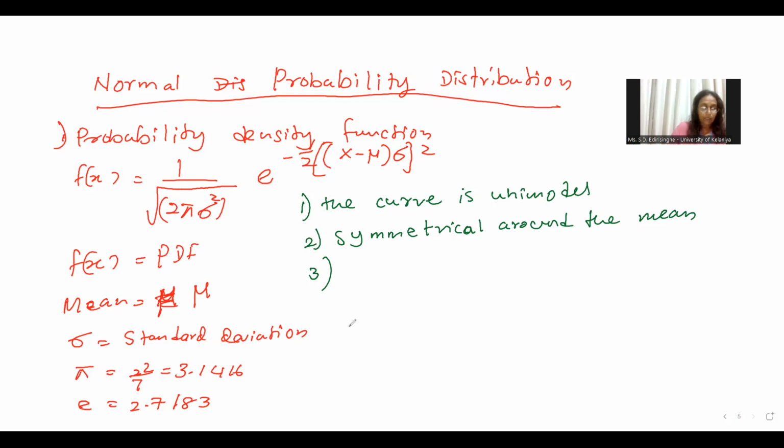The tails of the curve are asymptotic to the horizontal axis.